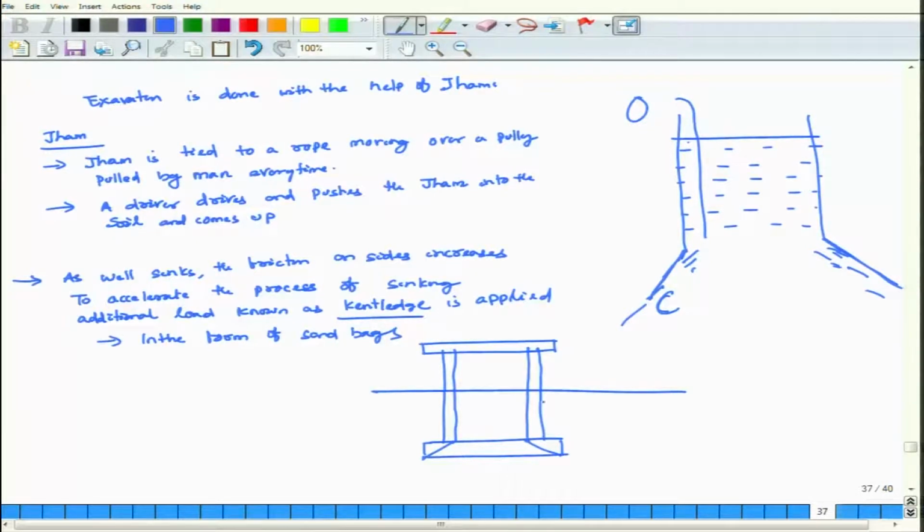Because the friction has increased on the sides, to improve your well sinking, generally what happens, we apply the load.